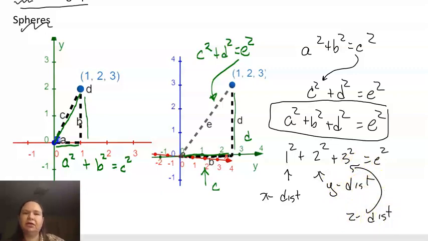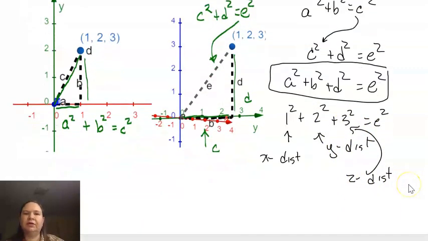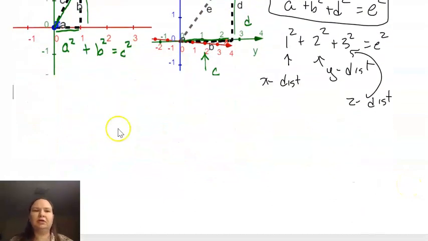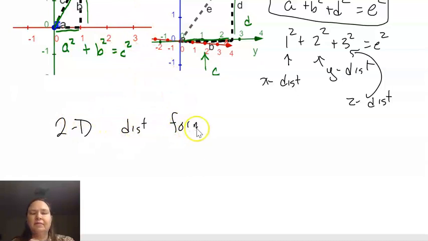And that gives us a distance formula that should look pretty familiar. You should know the 2D distance formula, which looks like this.